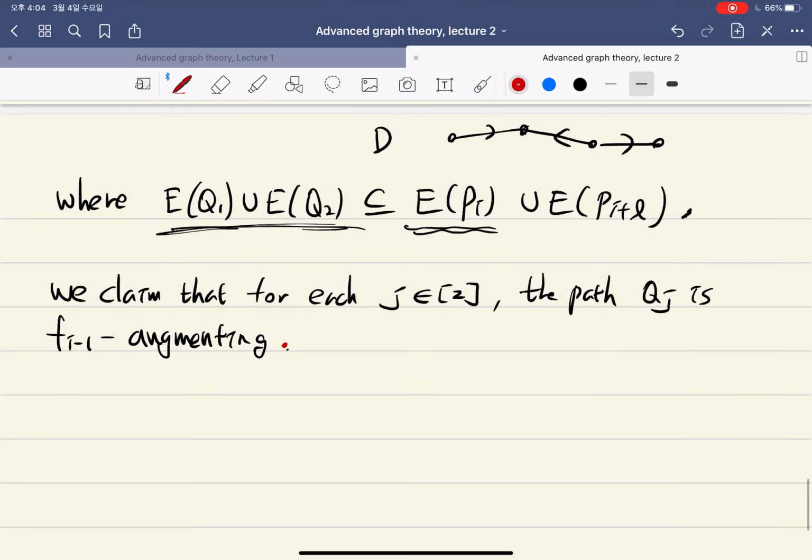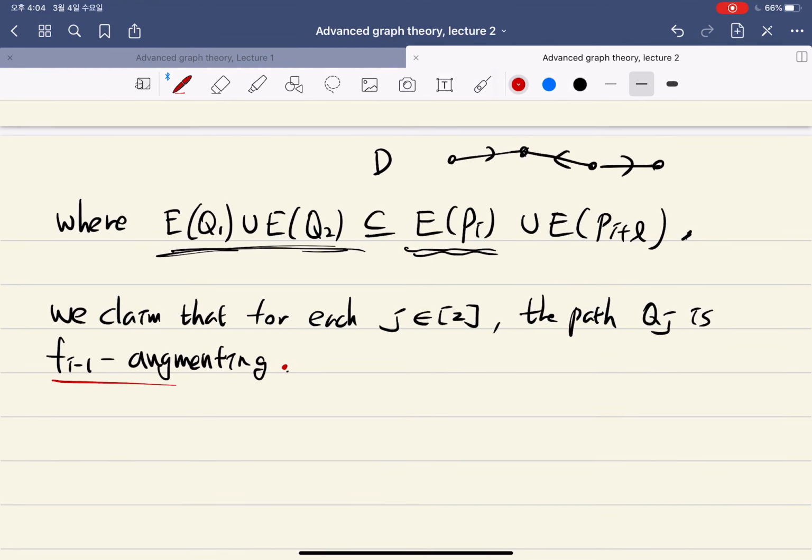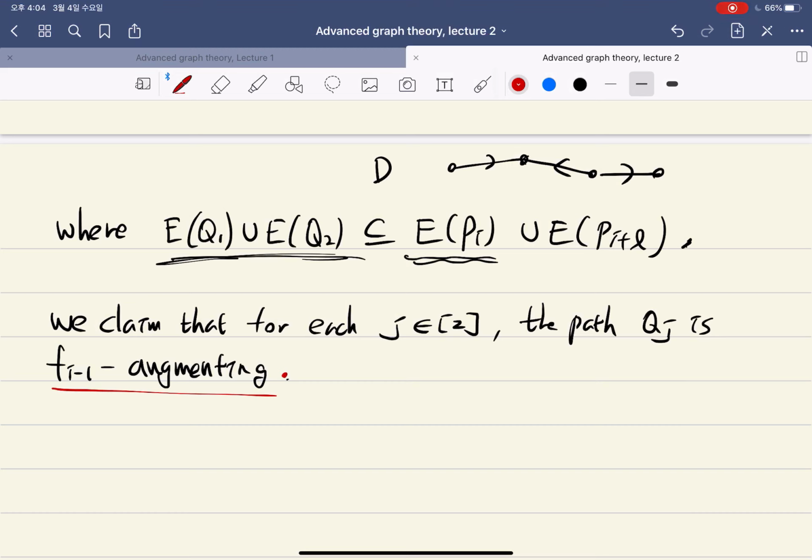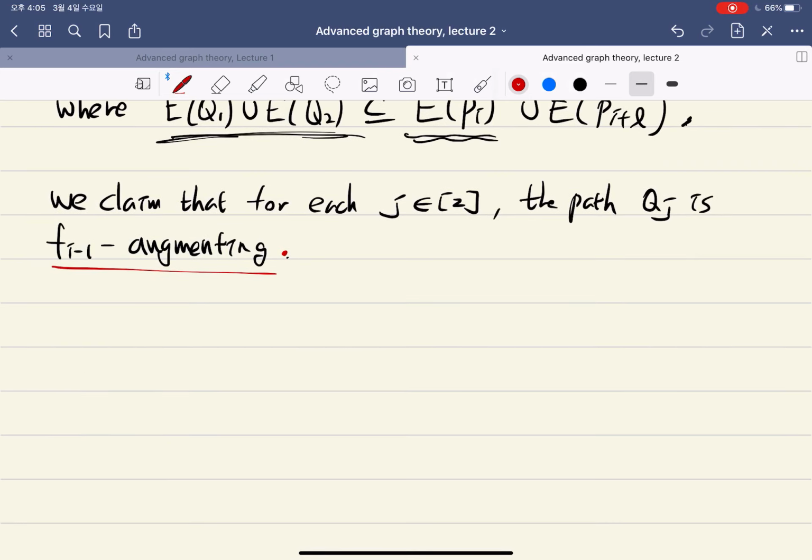So to show that this is an f sub i minus 1 augmenting path, we have to show two things. For all forward-oriented edges, the flow value is smaller than capacity. And for all reversely oriented ones, the flow value is positive. So those two are the things that we want to check.